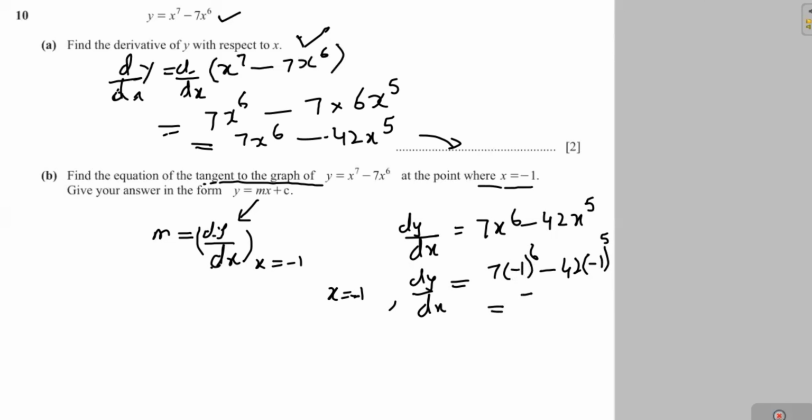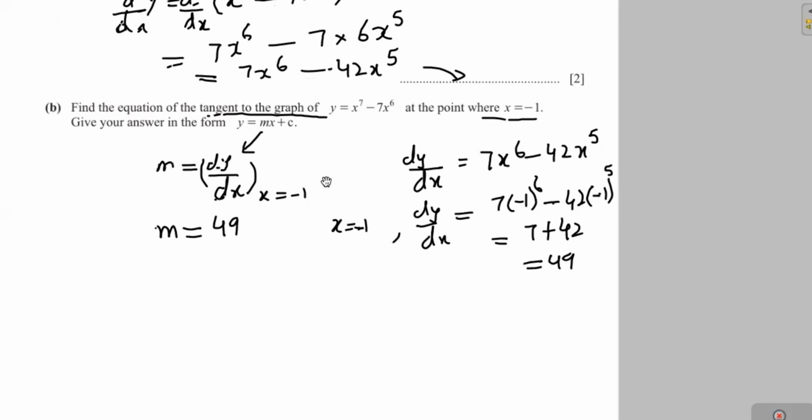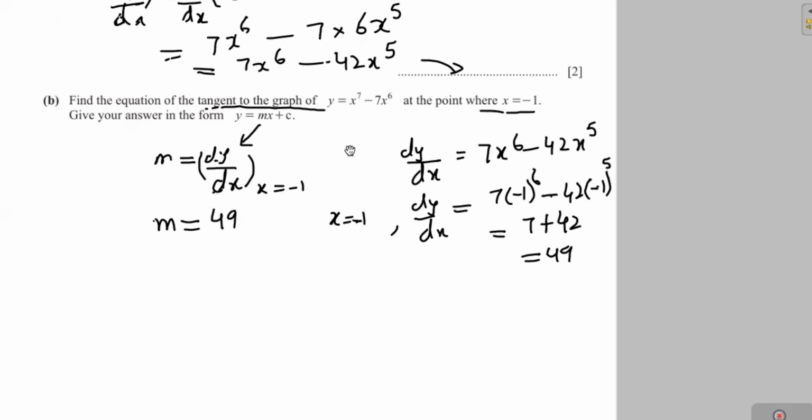And this value becomes 7, minus 1 power 5 is minus 1, so minus 42 into minus 1 becomes plus 42, and this will be equal to 49. The gradient here is 49. Now to calculate the c, we have to find the point where this line passes.